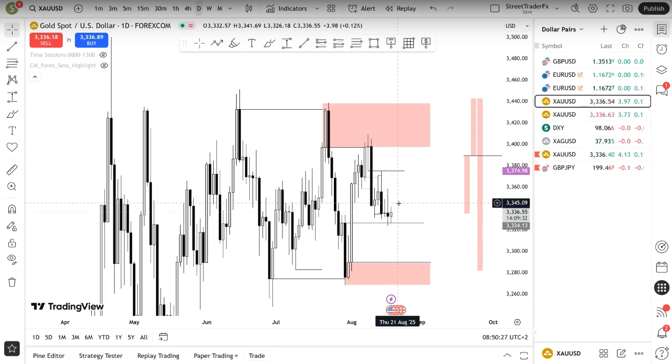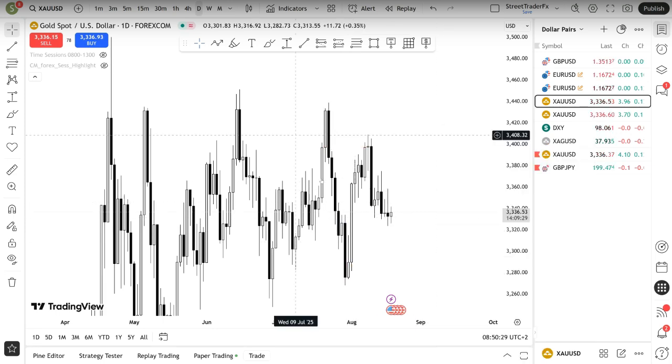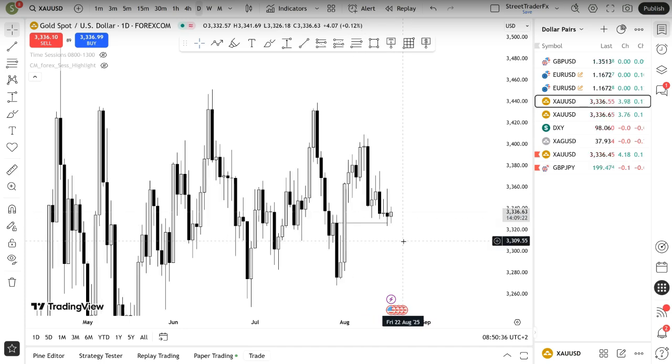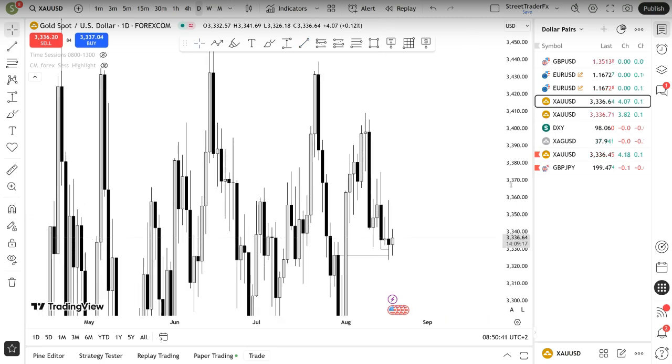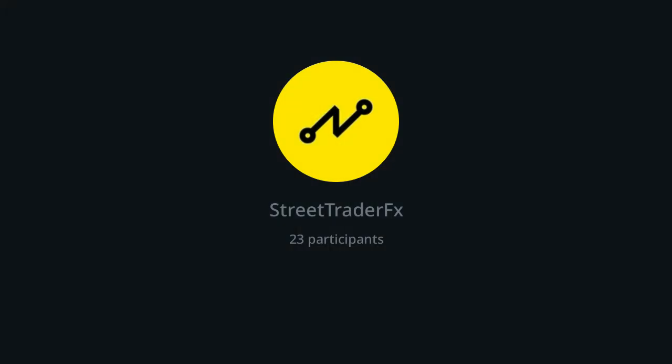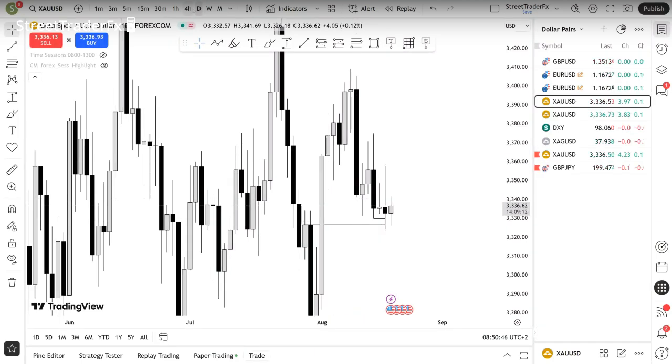And then we created liquidity right here. We created a swing low. So around this area, that's when you're going to start observing possible reasons to buy.